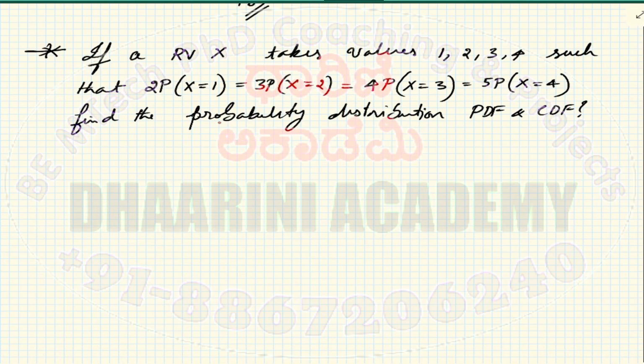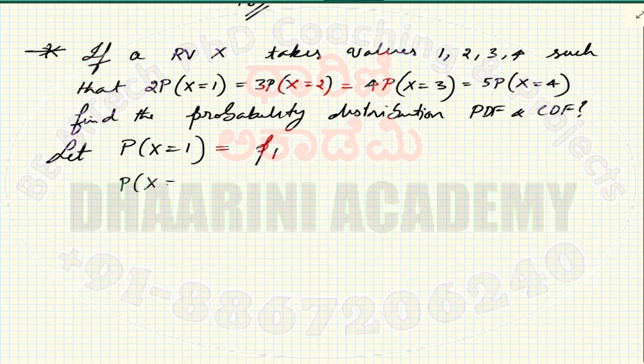Let's assign some notations for the probabilities that it takes a value 1, 2, 3, 4, so that it becomes easy for us to understand. Let the probability that X takes a value 1 equal p1.